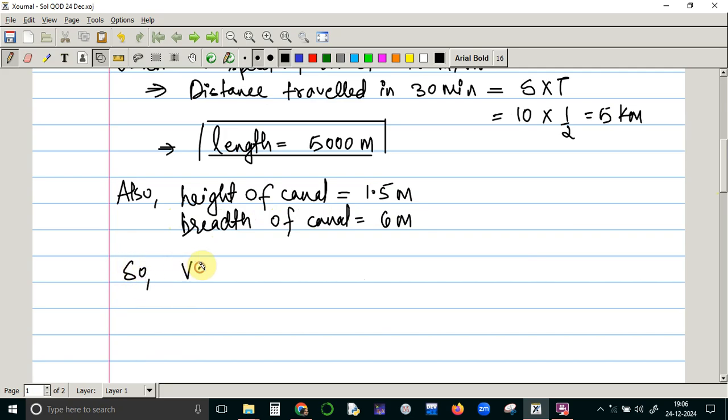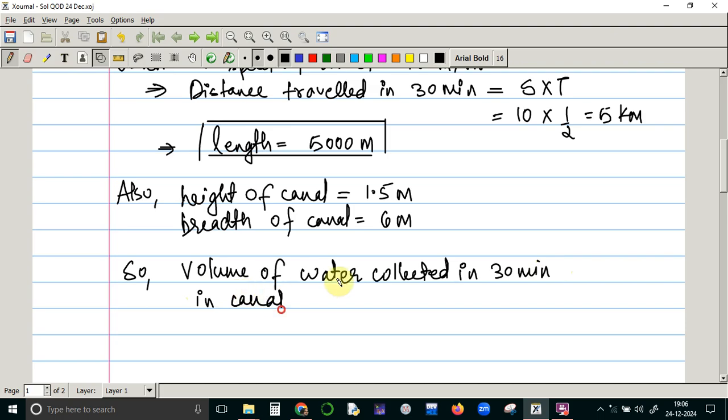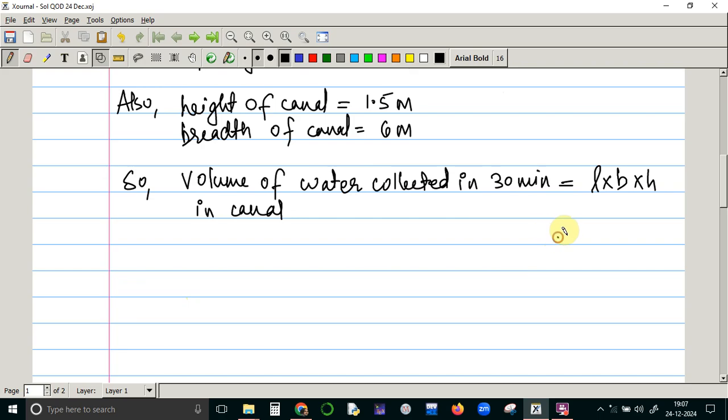So volume of water collected in 30 minutes in the canal is equal to length into breadth into height, because it's a cuboidal shape.